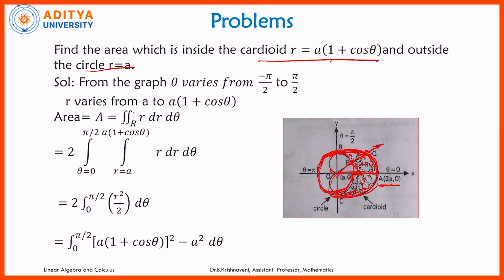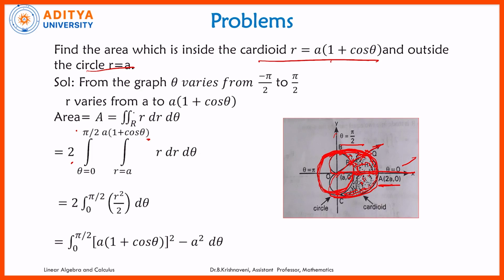So here theta will be from 0 to pi by 2, with 2 into that. First of all, the area in polar form is double integral r dr d theta. Now the r limits are r is equal to a to a into 1 plus cos theta, and to find the upper part, the theta limits are from 0 to pi by 2.